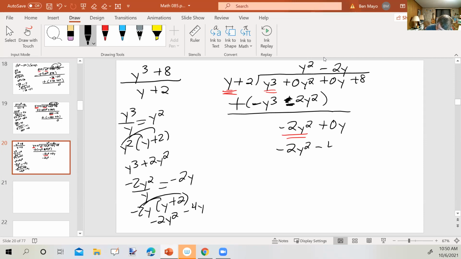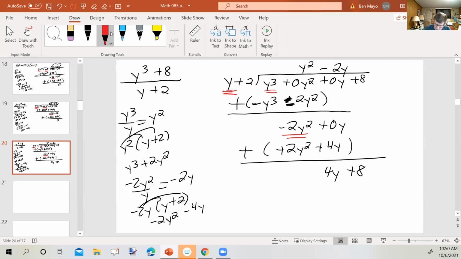Draw a line, subtract that quantity from what's up above. Change it to addition of the opposite. Negative 2y squared plus positive 2y squared is 0y squared. 0y plus 4y is 4y. Bring down the next term.